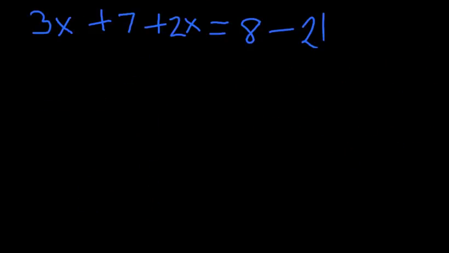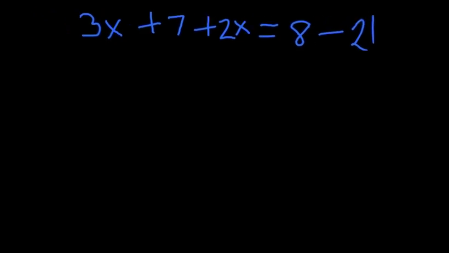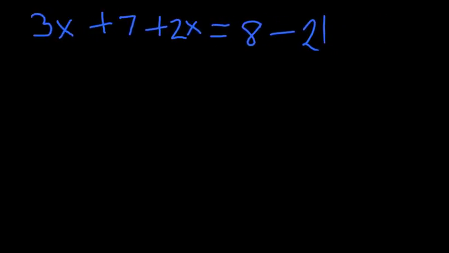Okay, now look at this problem. Both sides have things that need to be simplified. So we're going to look at the two sides separately. We're going to simplify this side, and then we're going to simplify this side. We're not solving yet. We're simplifying. We're combining like terms.